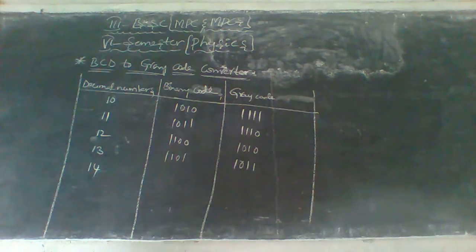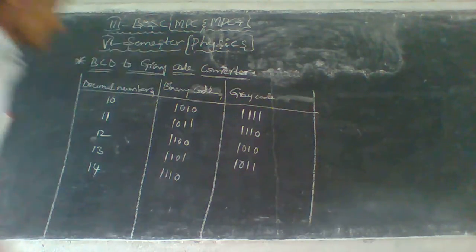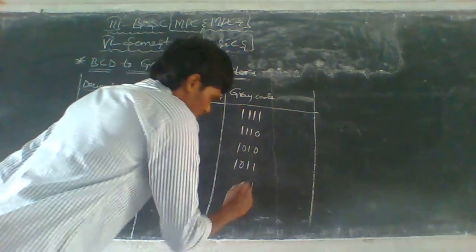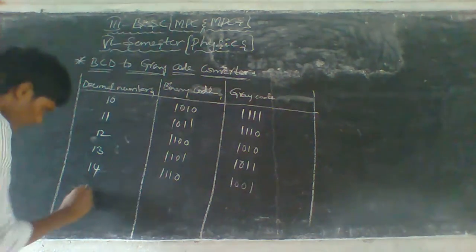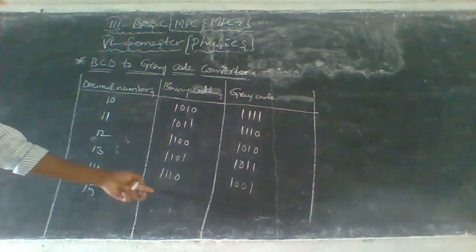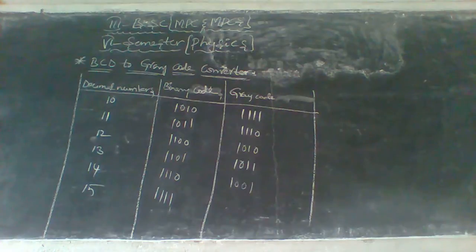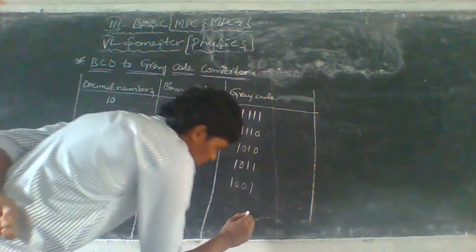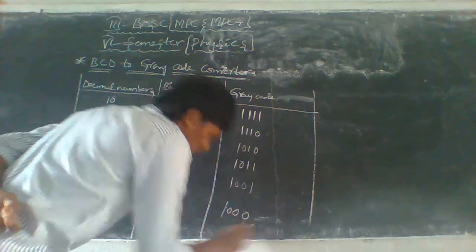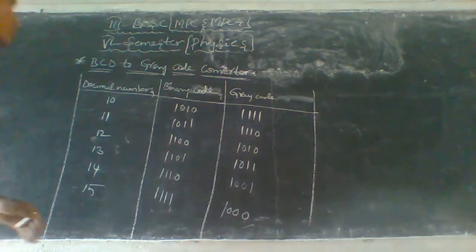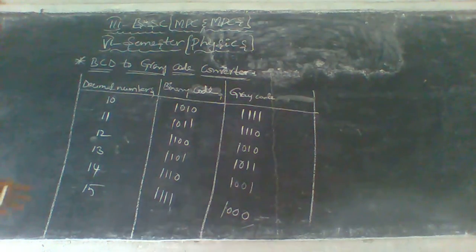For 14, the binary code is 0111 and the Gray code is 1001. For 15, the binary code is 1111 and the Gray code is 0001. So this is the Gray code table.